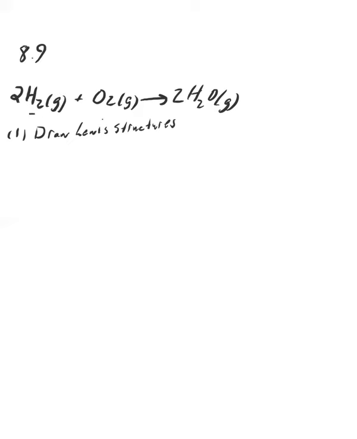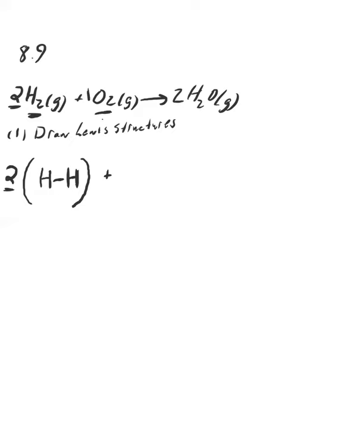Let's do our H2. I'll put 2, and then a little parenthesis. There's the Lewis structure for H2. It's pretty simple. Then I'll close the parenthesis. That 2 I'm going to put out here, because we're going to need it in our calculation. Then we have O2.